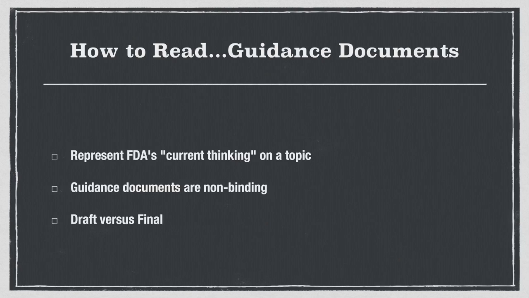It is non-binding recommendations or thinking. It's truly what it means. It's guidance, but not authoritative. And we have draft guidance that comes out, and then it's finalized into final guidance. So if we even want to continue the hierarchy, it would be draft guidance at the very, very bottom and final guidance just above that.